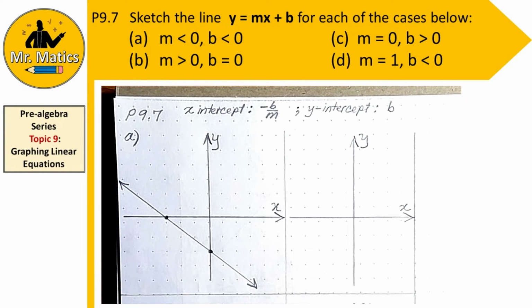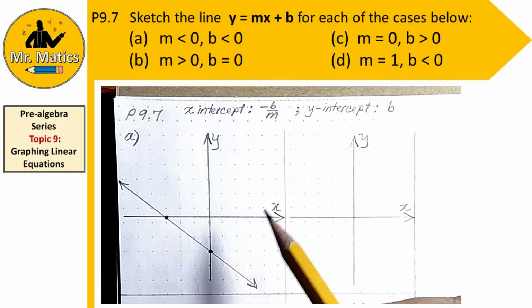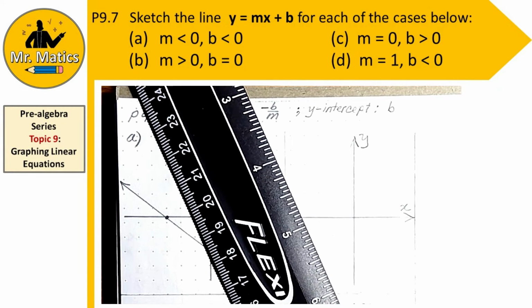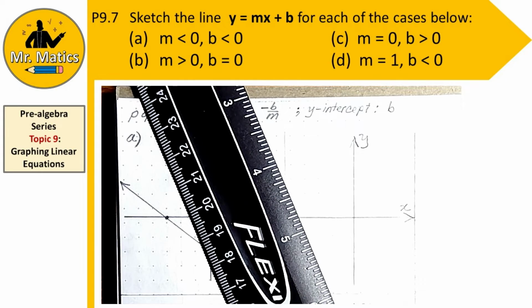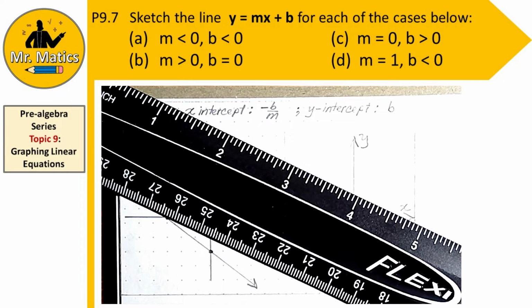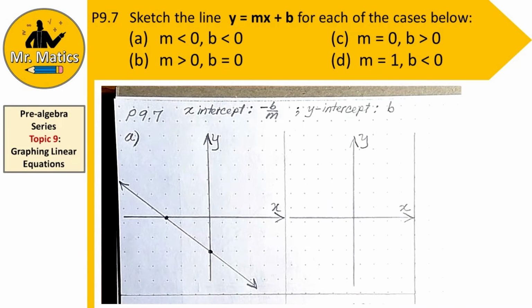So that's our line, m less than 0 and b less than 0. So this line, I'm just going to let you know one thing. This line can be any line through this point, or any line which basically goes mostly in this direction.